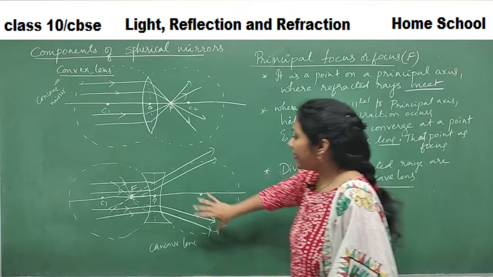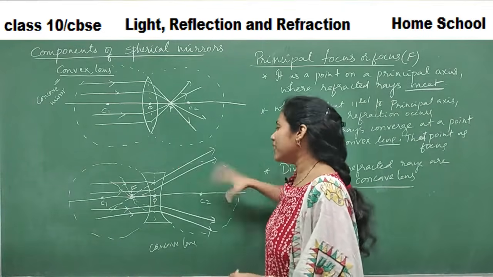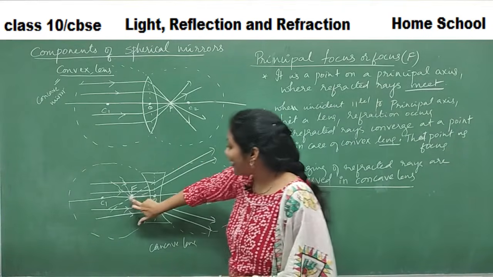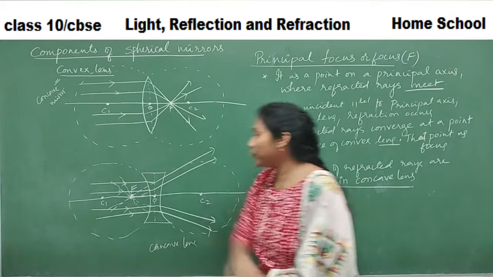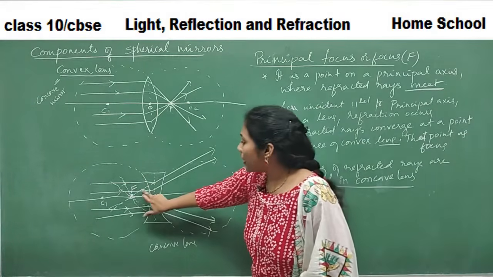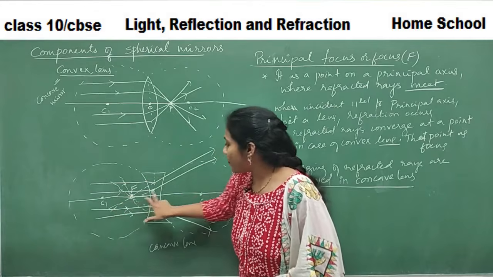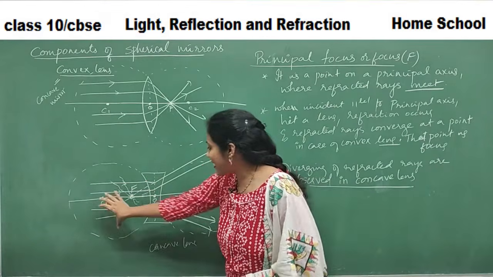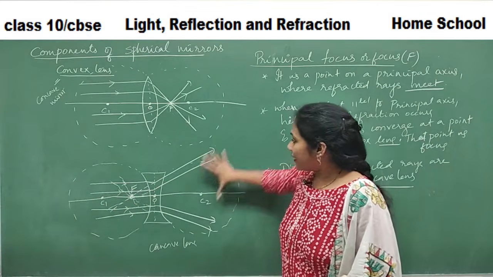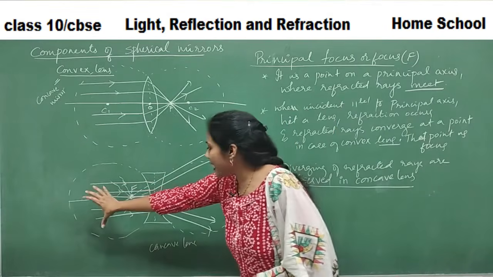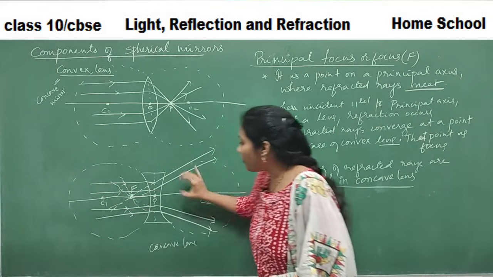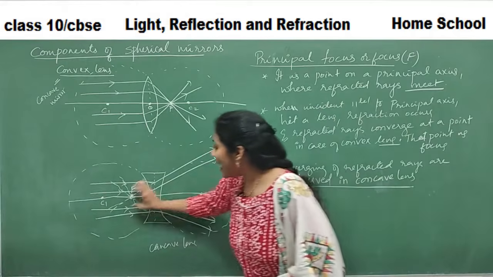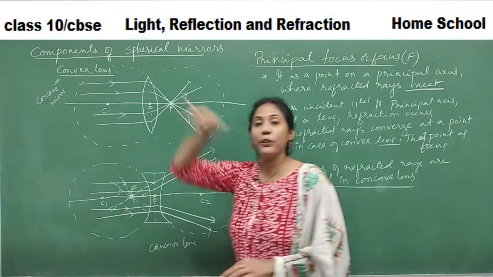They are not actually meeting, they are diverging, but at this point they appear to meet. Yes or no? If I project these lines back, if I extend these lines backwards, on the side opposite to where refraction is happening, they appear to meet.